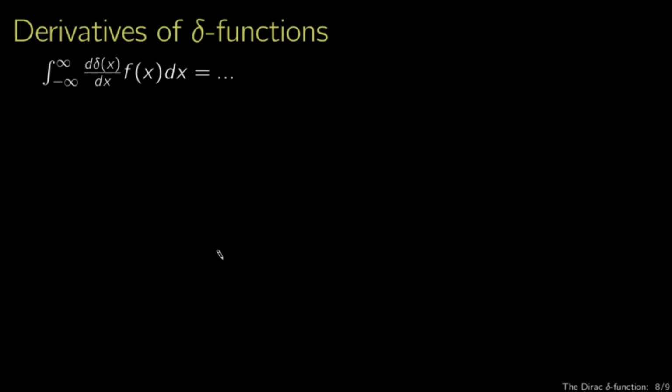You can also take derivatives of delta functions, and the derivative of the delta function is a strange thing to think about. If I have a delta function, thinking about it as the limit of a very narrow distribution, I have sort of a positive derivative on one side and a negative derivative on the other side.